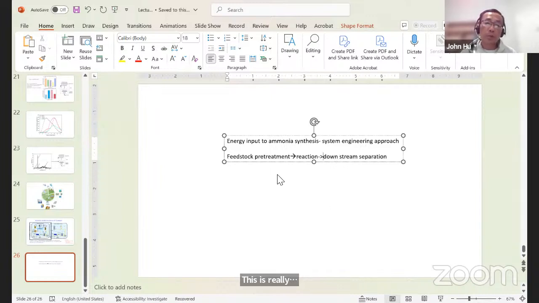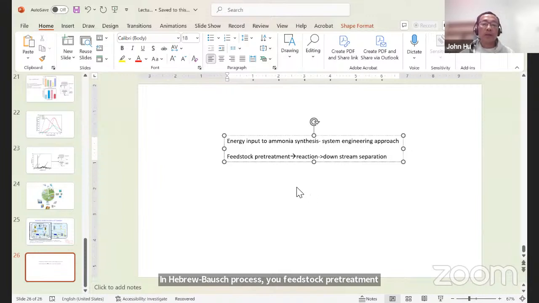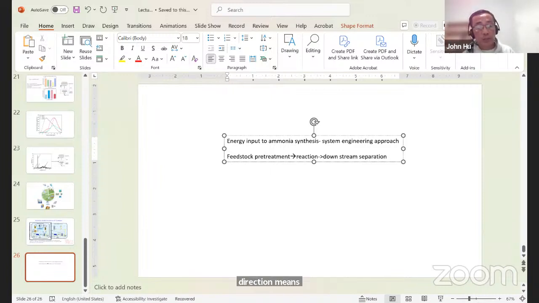So feedstock pretreatment in the Haber-Bosch process is just preheating. Typically in the Haber-Bosch process, preheating is a heat exchanger because the reactor releases a lot of heat. You do the heat exchanging and then you preheat it. Okay, so that's the Haber-Bosch process. And then reaction means how much energy you put in the reactor, and then downstream separation.